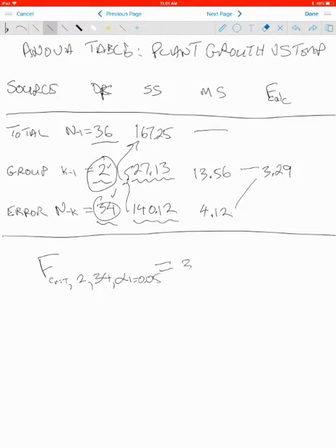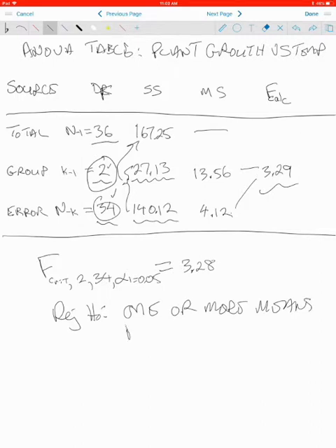And if you do this, it's 3.28, so our F calc is just slightly larger than the critical value, so we reject the null hypothesis. Conclude that one or more of the means differ.